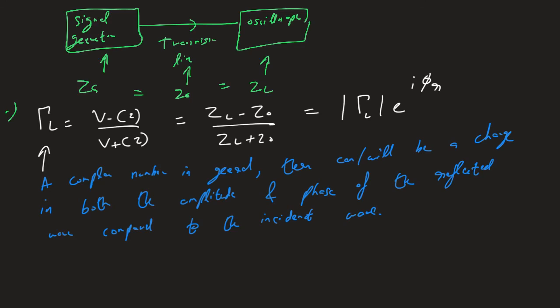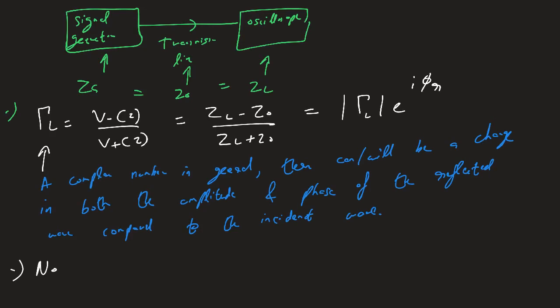When we were doing the Fresnel equations and electromagnetic waves, we saw that there is always a phase between the reflected and incident electromagnetic waves, and that for perfect reflection, that phase was equal to pi between the reflected and the incoming wave. Similarly, in transmission lines you can have a phase relationship between the reflected and the incoming wave, and that phase depends on the characteristic impedance Z0 and the load impedance ZL. So I hope this is conceptually clear.